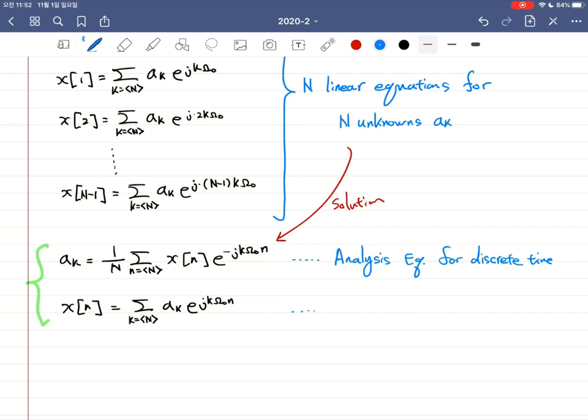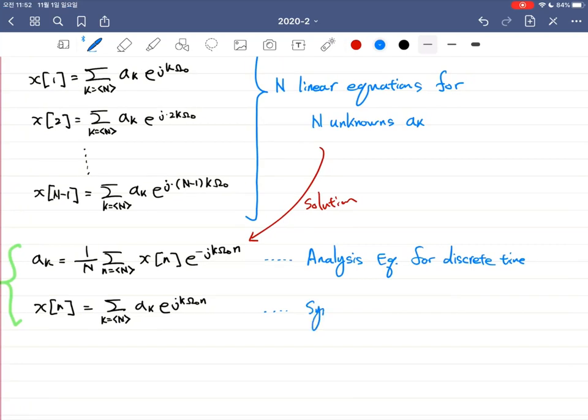And the former, the linear combination of this exponential, is obviously the synthesis equation for the discrete time case.